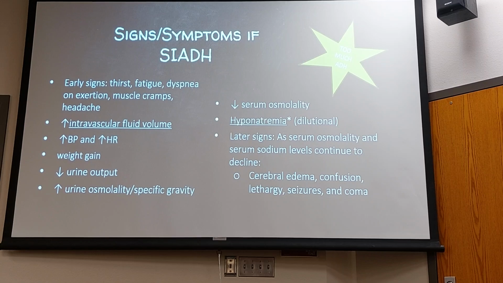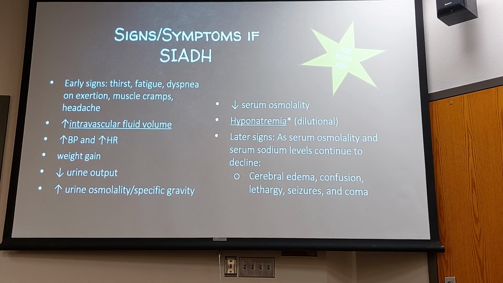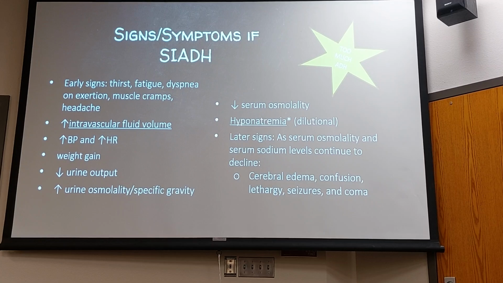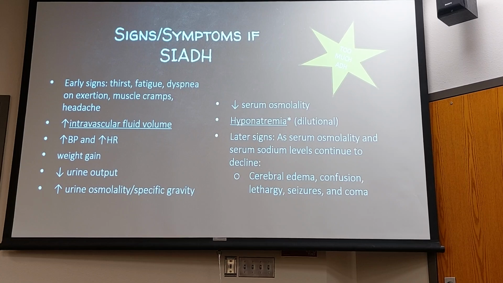So hyponatremia. Again, I'm kind of repeating myself here, but you need to hear it a couple of times. Too much water dilutes what sodium we had, right? So we're holding on to that sodium, we're not getting rid of it, but because there's so much water, it's diluting that sodium. If we let this go too long, we've got extra water, cerebral edema, right?